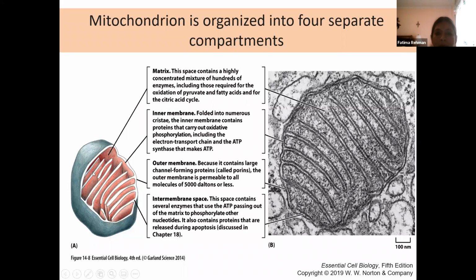Now, the inside part of the inner membrane, which is where the matrix is, is where a lot of the processes required for oxidation of pyruvates and fatty acids during the citric acid cycle happen. Those enzymes are concentrated in this space.